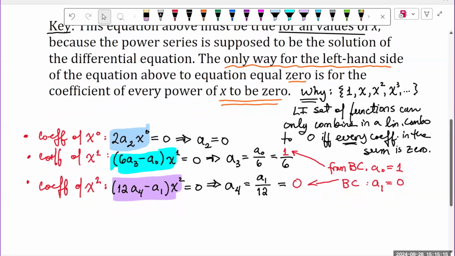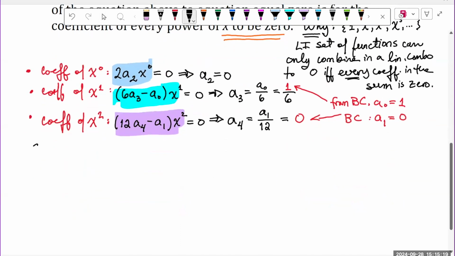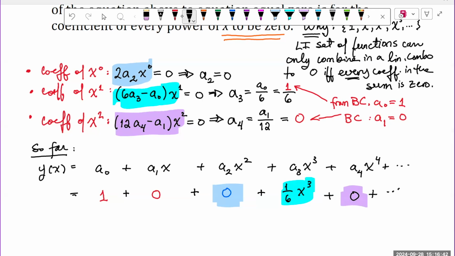So far then, we have the first few terms of our series. And so we can see that our solution to the differential equation, y of x, is going to start off looking like 1 plus 1/6 x cubed plus something else, and we're going to have to keep working to find out what happens next.